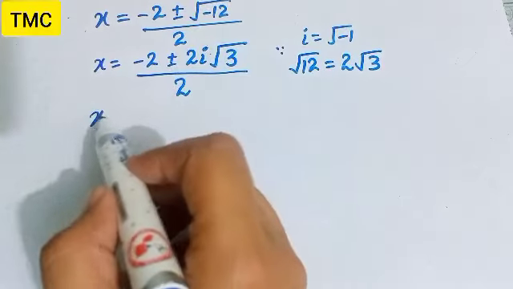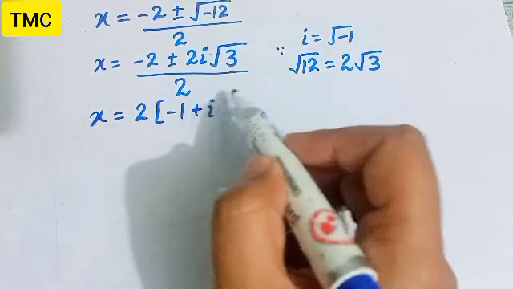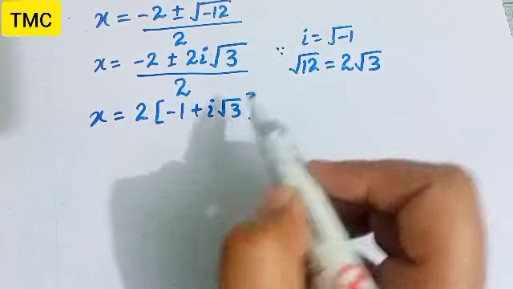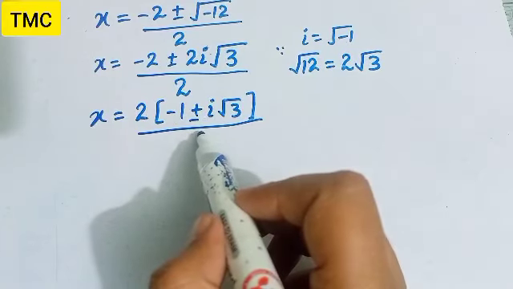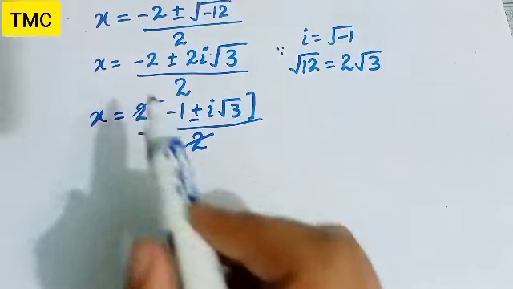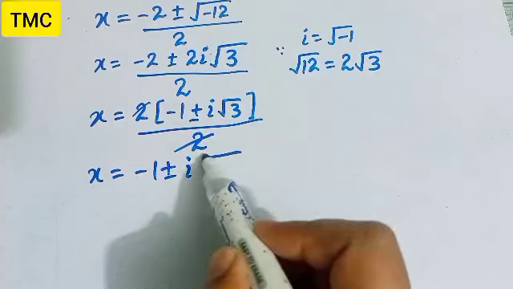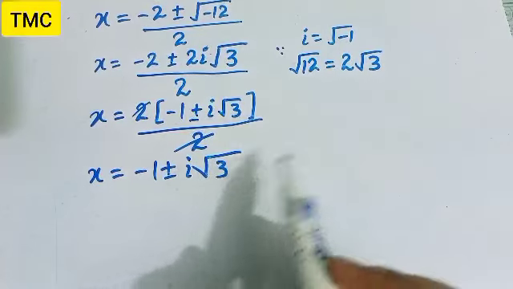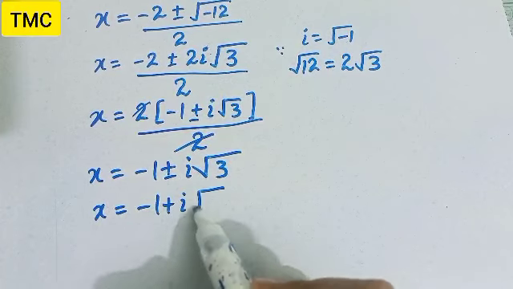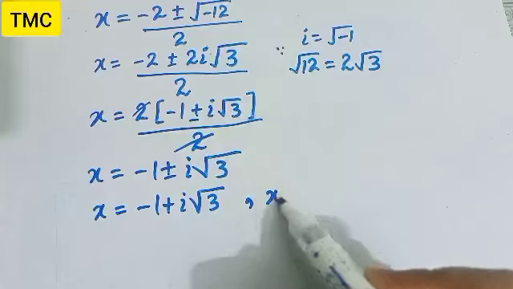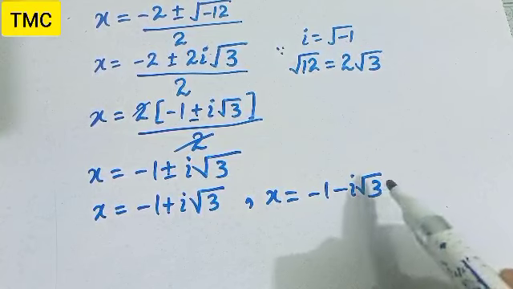Taking 2 common, x equals -1 plus minus iota under root 3 by 2. 2 and 2 will cancel out. So we got x equals -1 plus minus iota under root 3. So we have two solutions for x using the quadratic formula: x equals -1 plus iota under root 3 and x equals -1 minus iota under root 3.